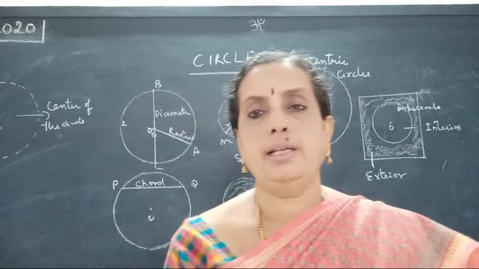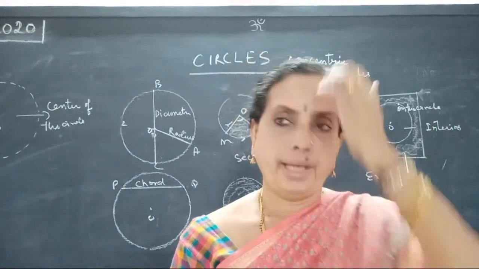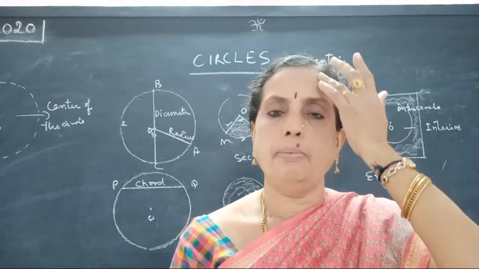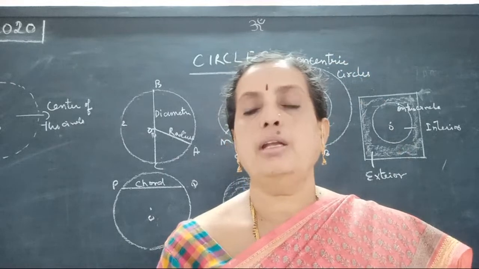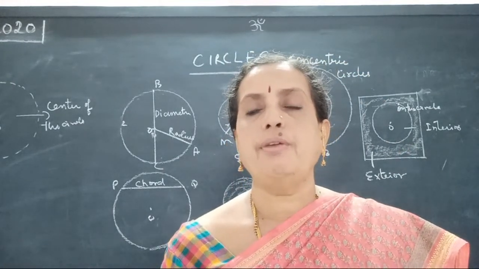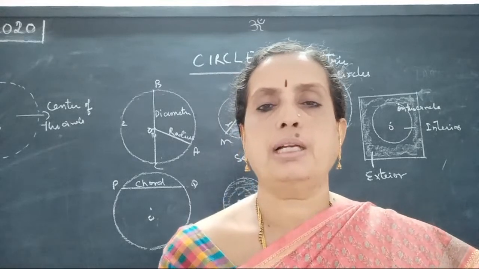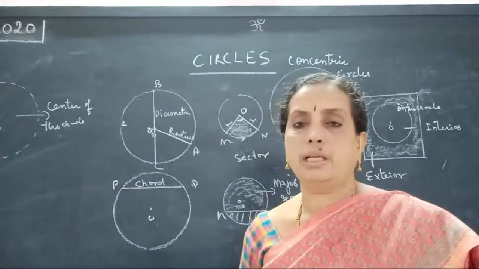So here, in brief, I can give the conditions. A circle is a closed figure, or we can say that it is a simple closed curve without any dimension. It is a set of points which are equidistant from a fixed point, called the center of the circle.